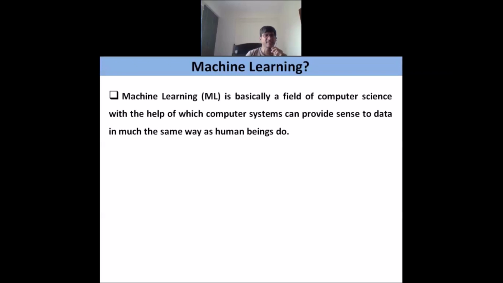it's a field of computer science with the help of which we want computer systems to get a sense of data in the same manner as humans do. In the same manner that humans can perceive a problem, learn, and then solve a problem.